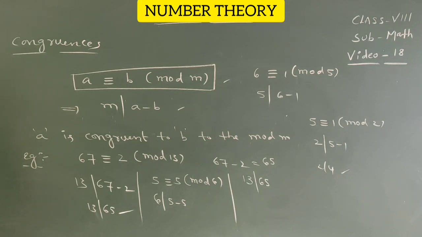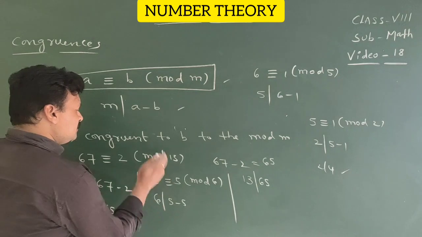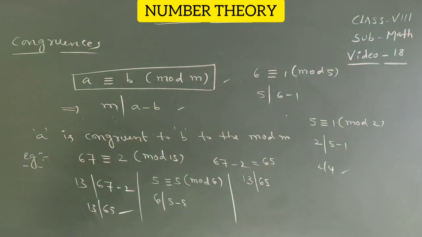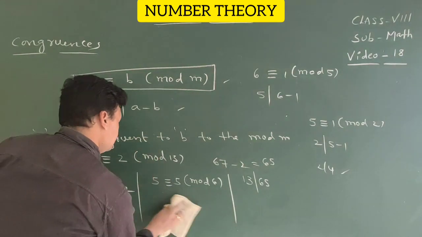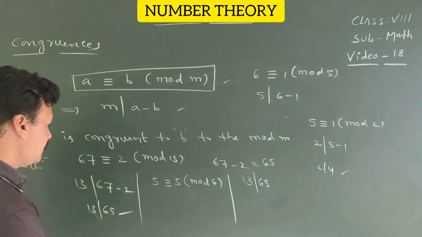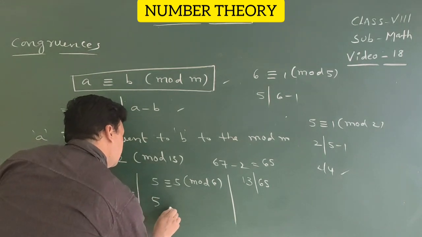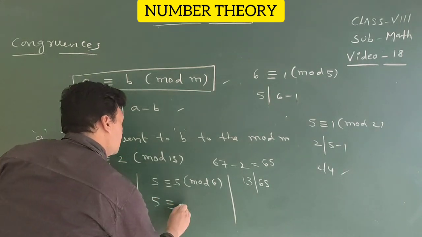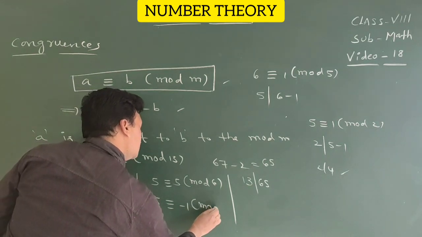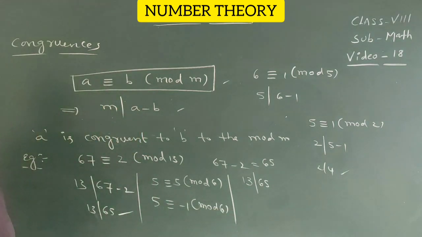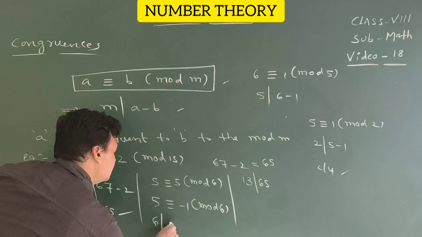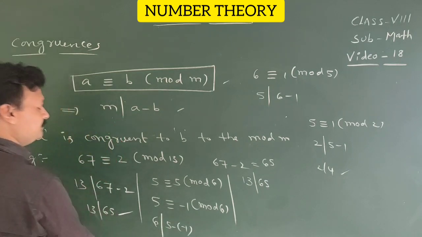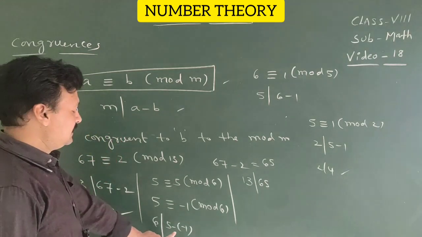Every number is a factor of 0. Otherwise, we can write 5 congruent to minus 1 mod 6, because 6 divides 5 minus of minus 1, so 6 divides 6.